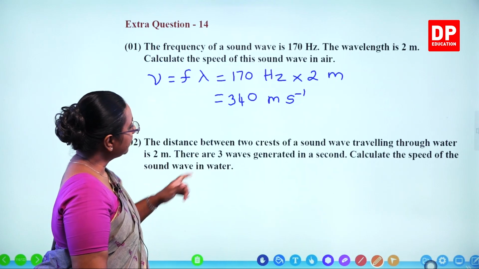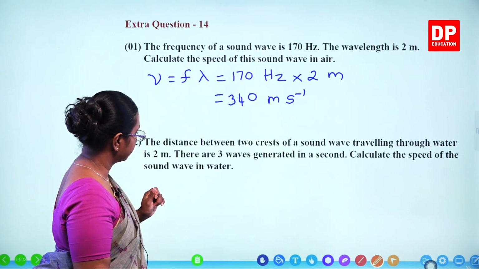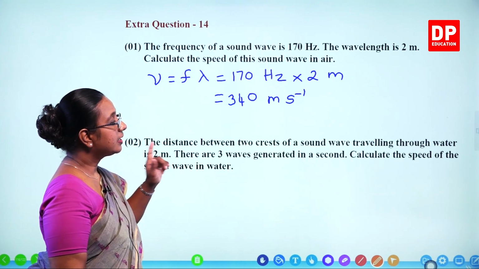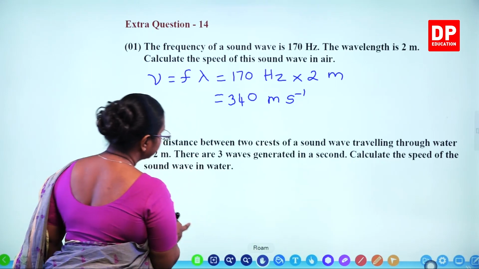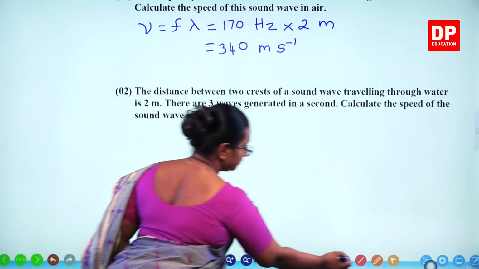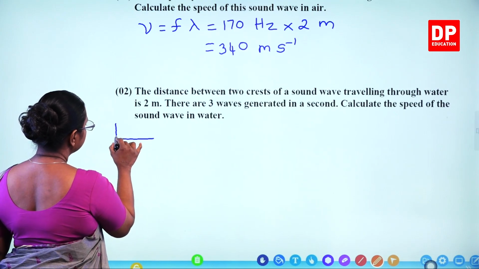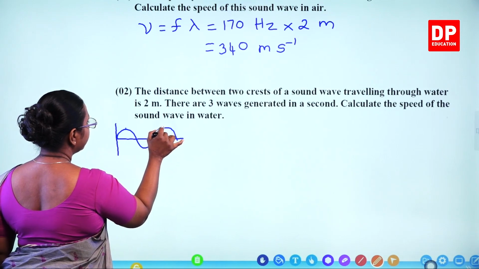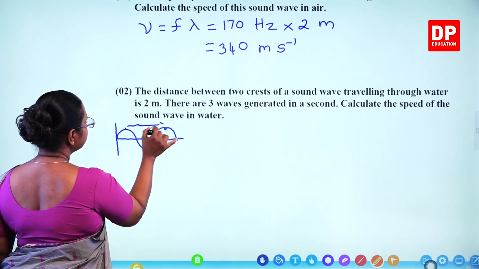The distance between two crests of a sound wave traveling through water is 2 meters. There are 3 waves generated in a second. Calculate the speed of the sound wave in water. So another calculation. If you take 2 crests, this point and this point, what is this distance?